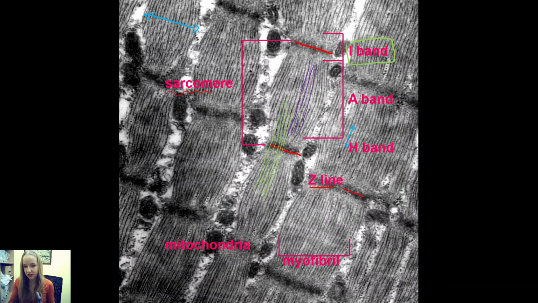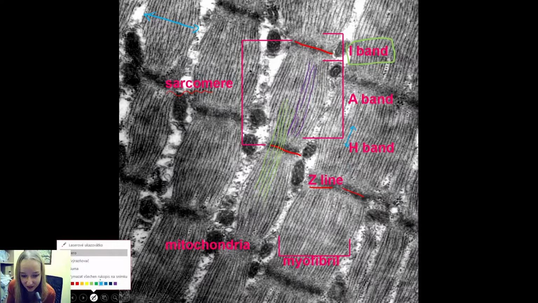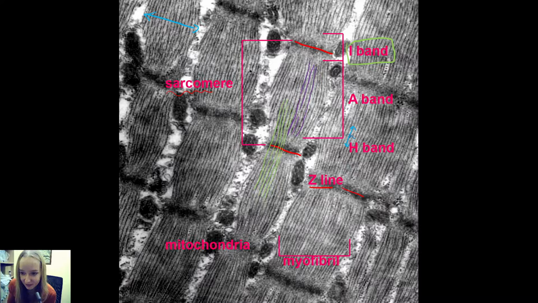I can see it's lighter, a lighter part in the middle, and there is also some kind of darker part in this lighter part in the middle, and this probably will be the mesophragm or the M line, but that's probably too much. It's hard to describe it sometimes. It's more like imagination, and it takes a lot of training to see this, but you can see Z lines.